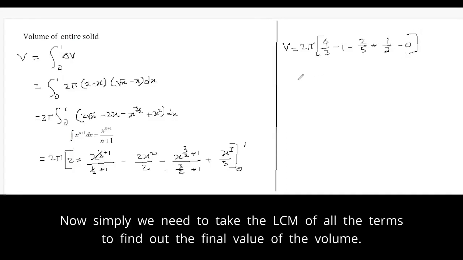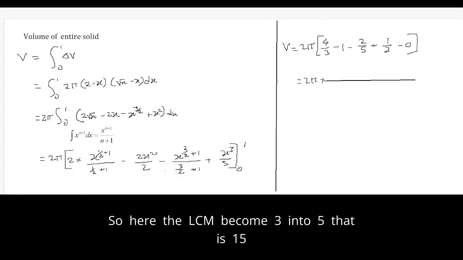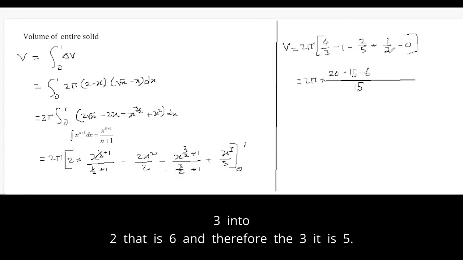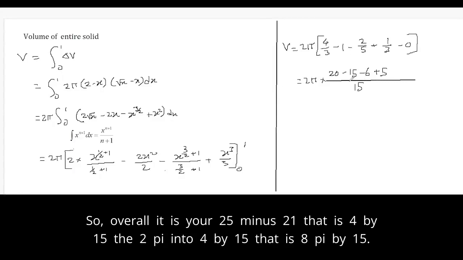Now we simply need to take the LCM of all the terms to find the final value of the volume. So the LCM becomes 3 into 5, that is 15, and the numerator is 20, 4 into 5, minus 1 gives us 15. Here for the 5, 3 into 2, that is 6, and here for the 3 it is 5. So overall it is 25 minus 21, that is 4 by 15.